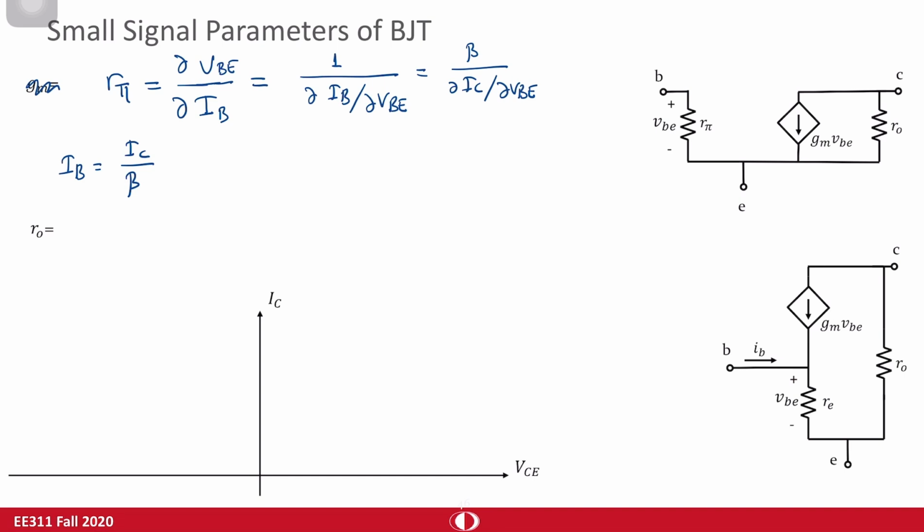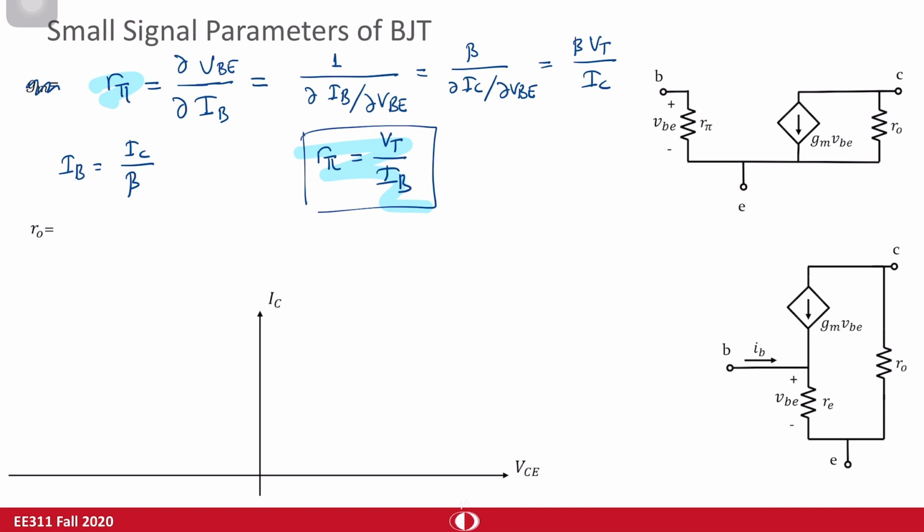This term, we already defined in the previous slide, which was GM, which was IC divided by VT. So the result will be beta times VT divided by IC. So Rπ will be equal to VT divided by IB.